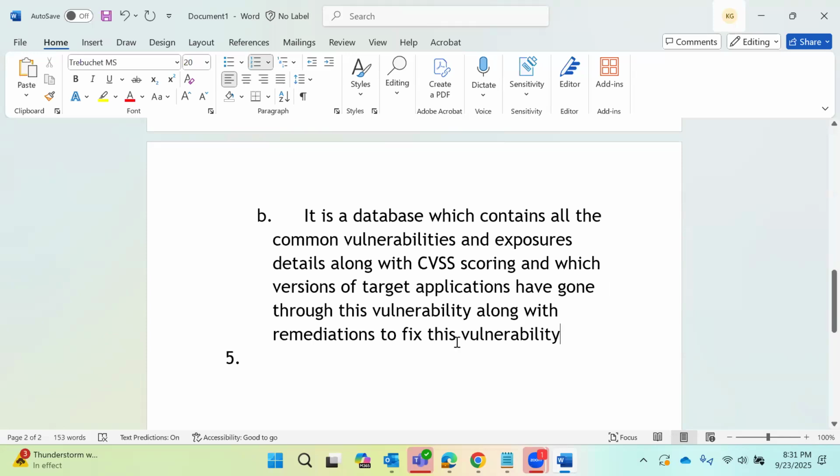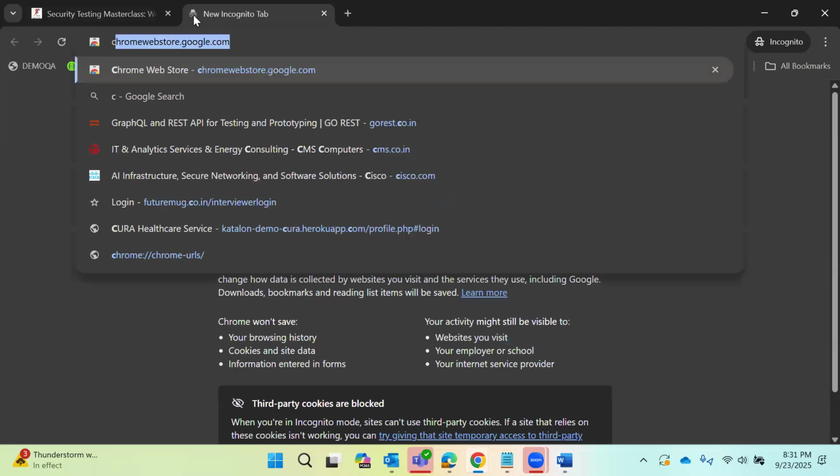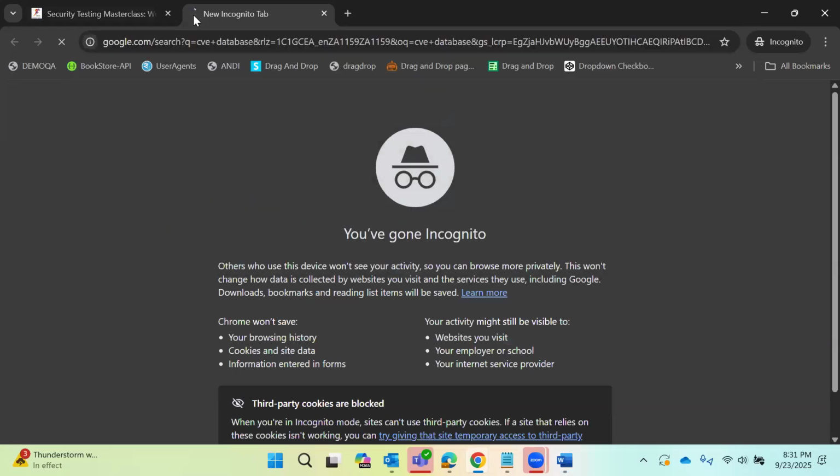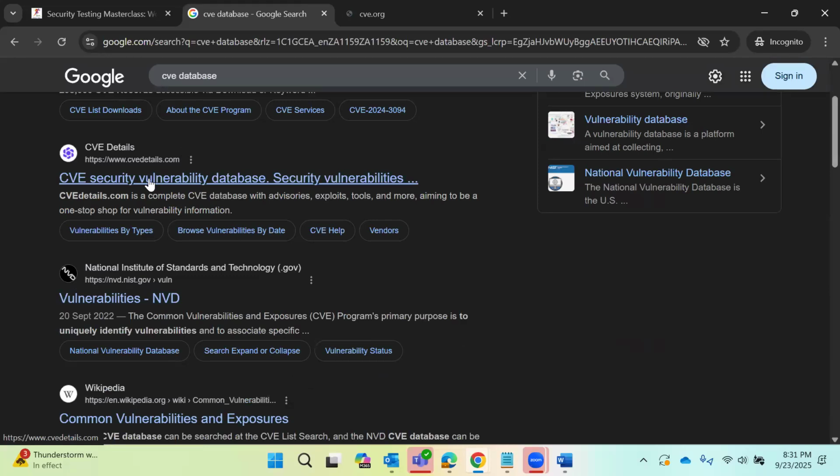I'll show it practically so you'll understand it. If I just go to Google and search for CVE database, the very first website you see is cve.org, and the second one is cvedetails.com.